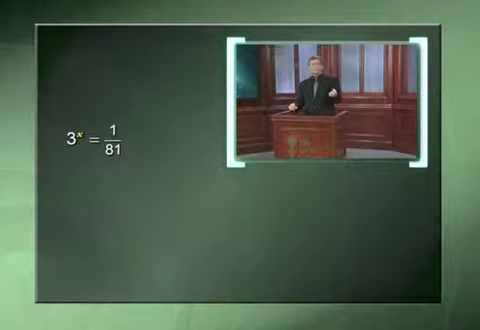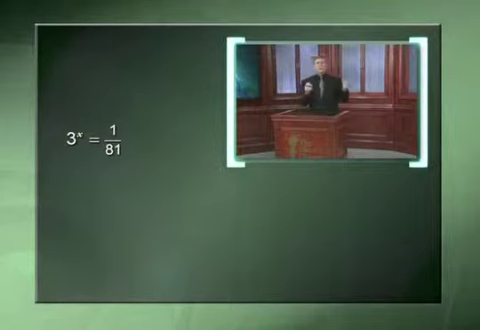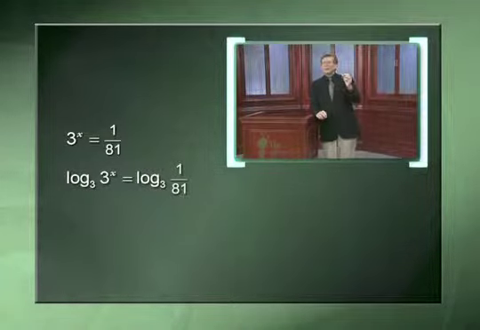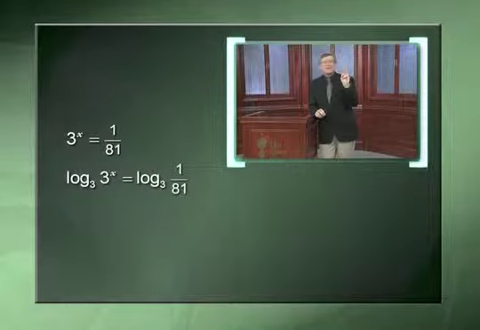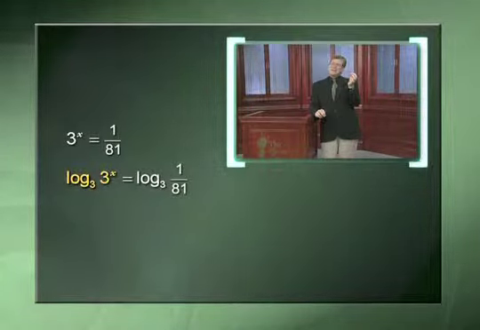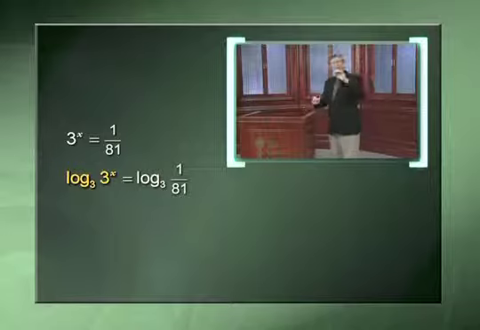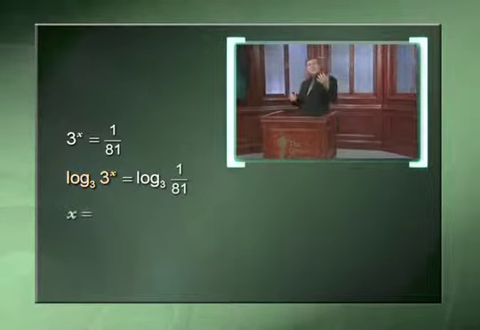How can I bring it down to earth? Well, here's one way. Take logarithms to both sides, but make the logarithm to the base 3. The advantage of that is the left-hand side becomes log base 3 of 3 to the x, and those are inverses of each other, and so the left-hand side is just x.